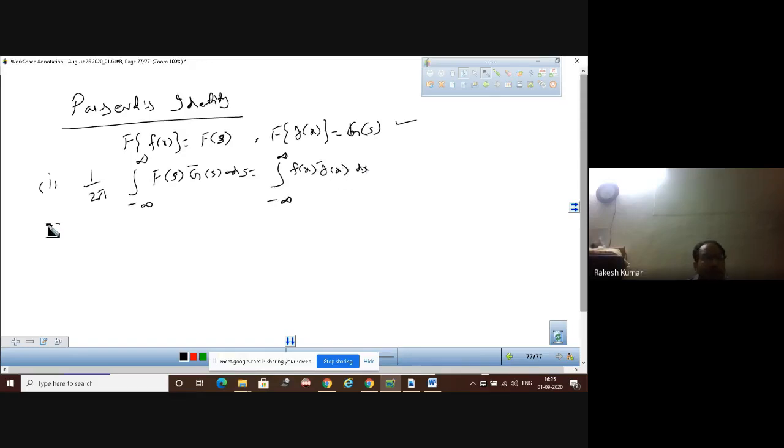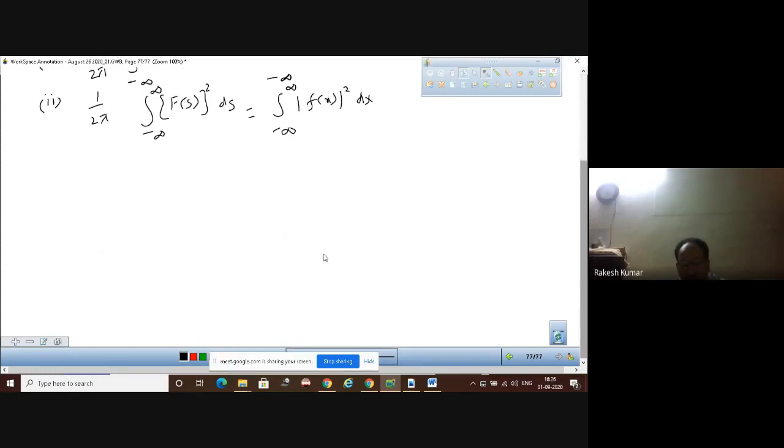This is the first part, and in the second part we shall prove 1 upon 2 pi integral from minus infinity to infinity of mod f of s square ds is equal to integral from minus infinity to infinity of mod f of x square dx. You have to remember these parts of the Parseval identity. So we shall prove these results.